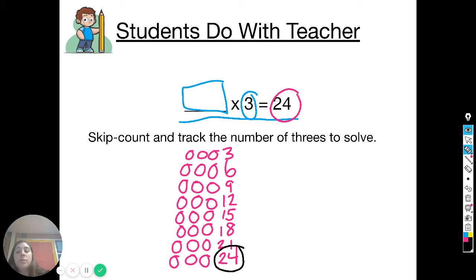So let's count. 1, 2, 3, 4, 5, 6, 7, 8. We had to skip count by 3's 8 times. So 8 groups of 3 equals 24.